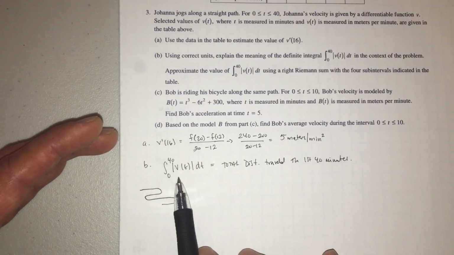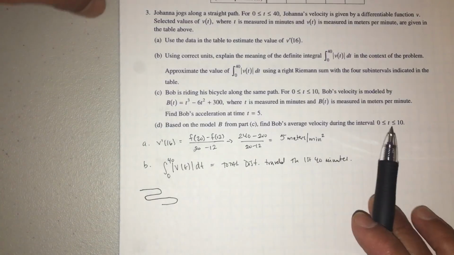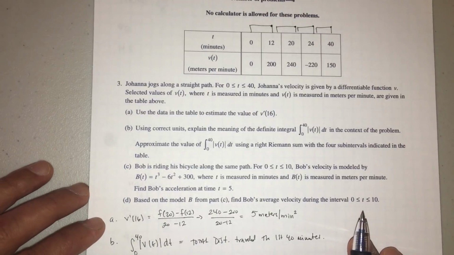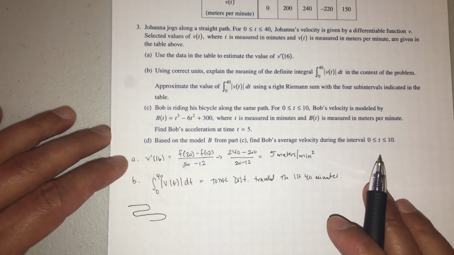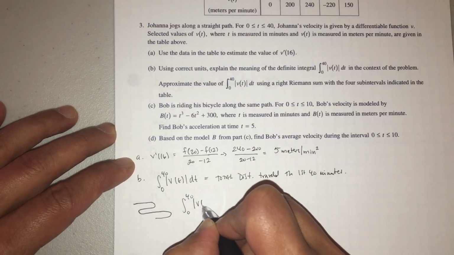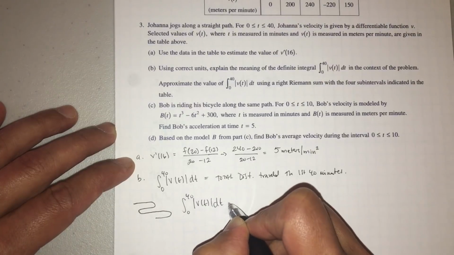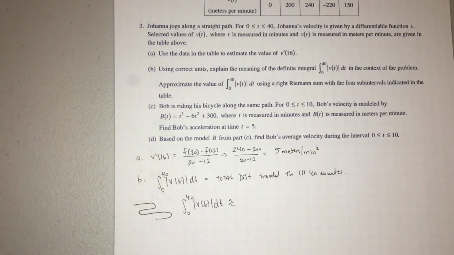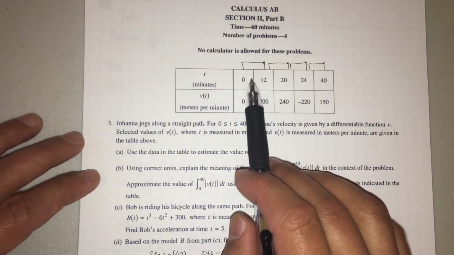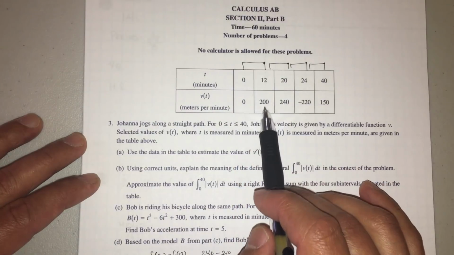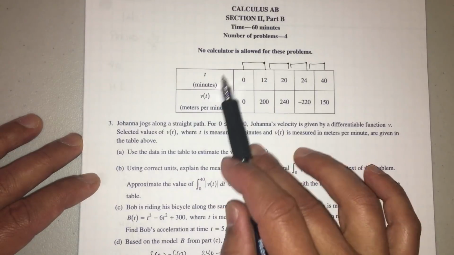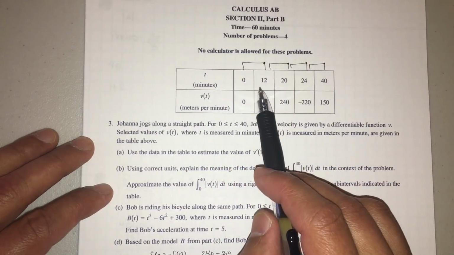Now we have to use this to estimate her total distance. So the integral from 0 to 40 of the absolute value of v of t dt, the total distance, is approximately this. We've done Riemann sums before. All these are rectangles: base times perpendicular height. Time is always independent, it's always your x, because you can't control time.